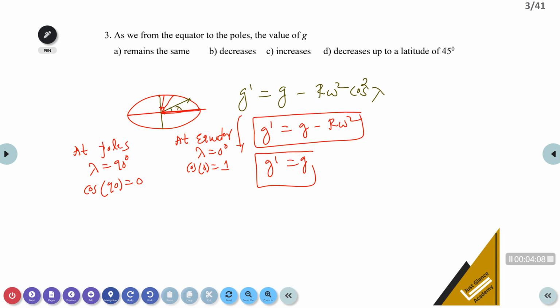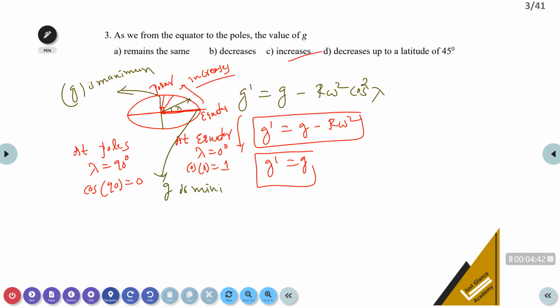That means as we move from the equator to the polar region, the g value increases. This is the right choice. And remember, students, g is always maximum at the polar region, and g is minimum at the equator region.